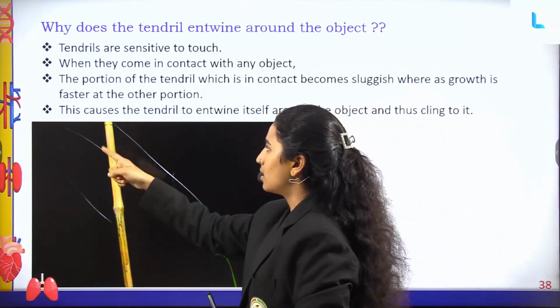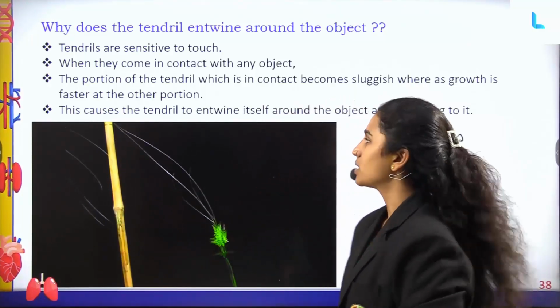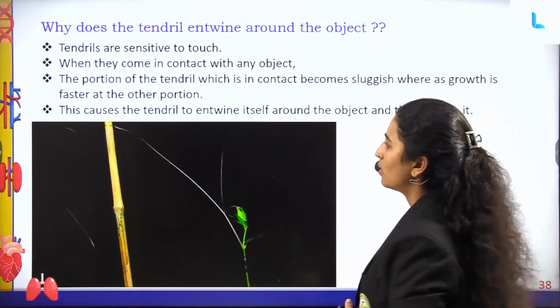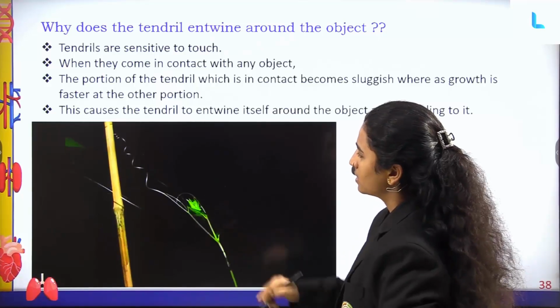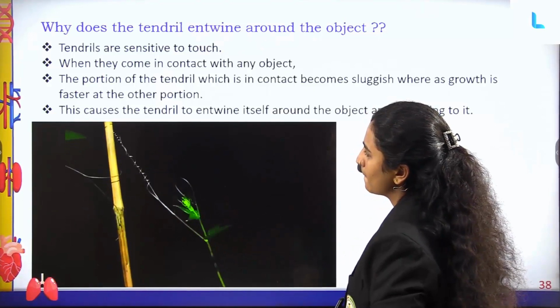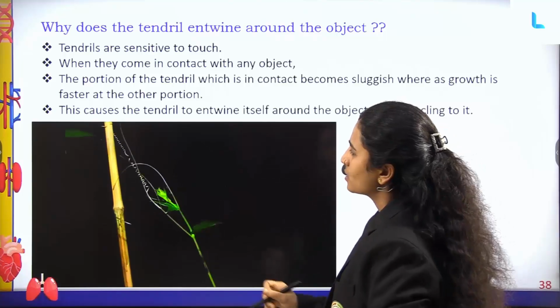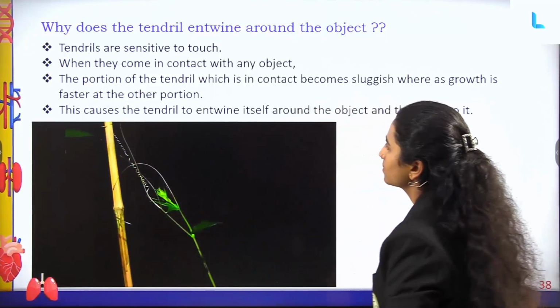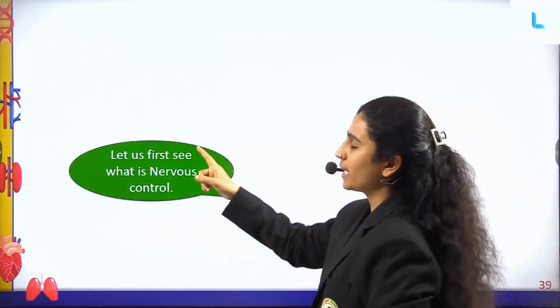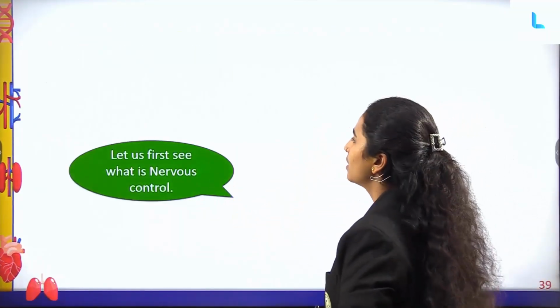So it will make curls of itself towards the object. So this is how the tendrils will form curls. So this is the entwining of the curl.